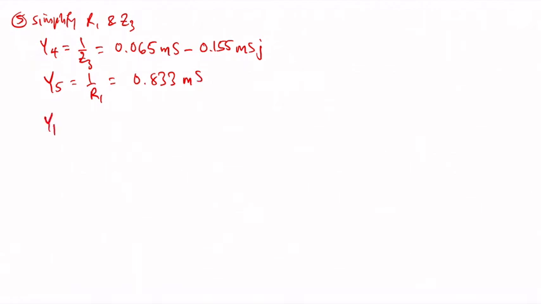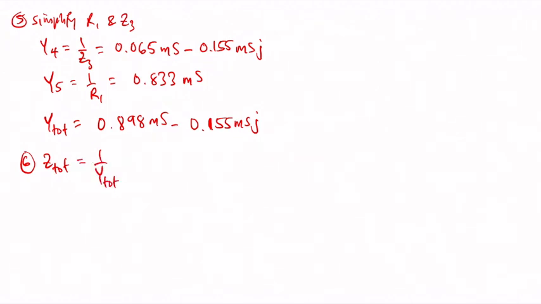And then we get the Y total to be equal to 0.898 millisiemens minus 0.155 millisiemens j hat. Finally, we can get the equivalent impedance by taking the reciprocal of Y total. This will be equal to 1.08 kilo ohms plus 187 ohms j hat.